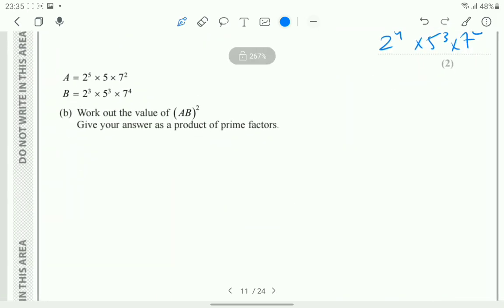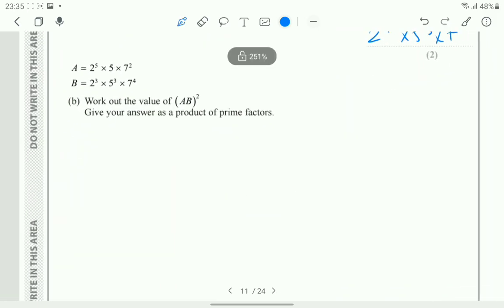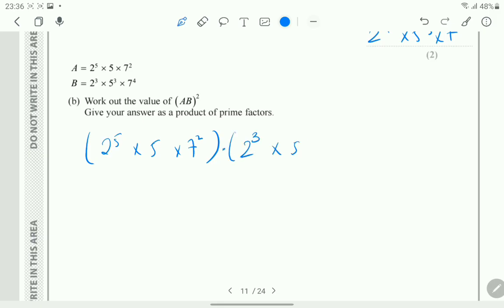B part of 11th question gives us the value of A and B, and it asks us to work out the value of AB squared, give your answer as a product of prime factors. Just know that the question is testing your ability of handling equations without fumbling your plus minuses and your multiplication divisions and your laws of indices, nothing else.